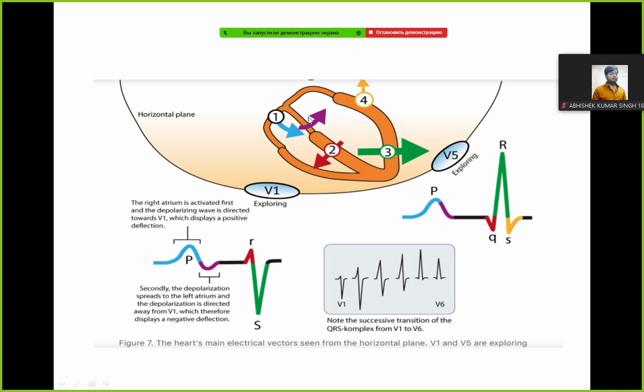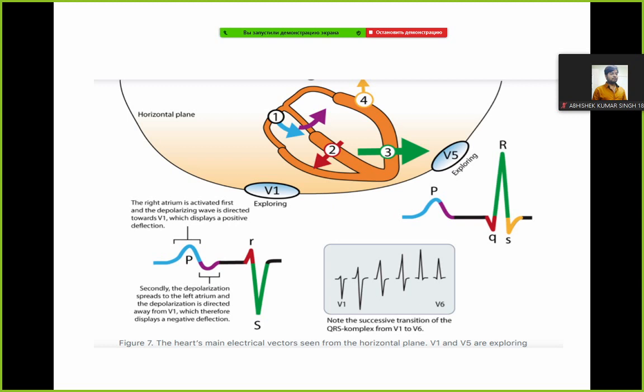The second vector is the intraventricular septum. The ventricular septum receives Purkinje fibers from the left bundle branch, and therefore depolarization proceeds from its left side towards its right side, and the vector is directed forward and to the right. The ventricular septum is relatively small.